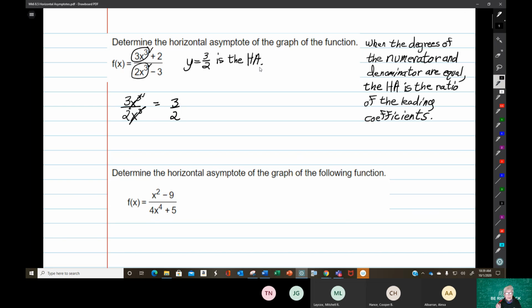Okay. So when the highest powers are the same on the top and on the bottom, all you do is use the numbers in front of the highest degree terms. You form a fraction like this, and then you say y equals the fraction, and this is the equation of the horizontal asymptote.